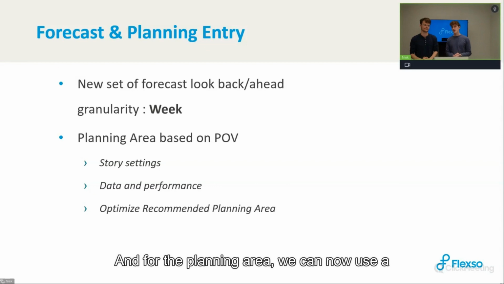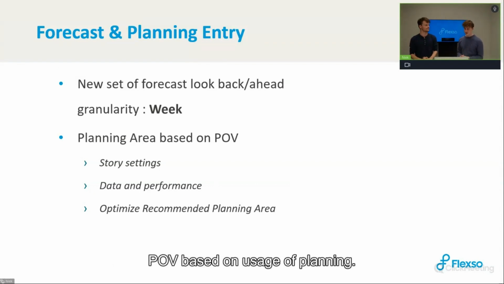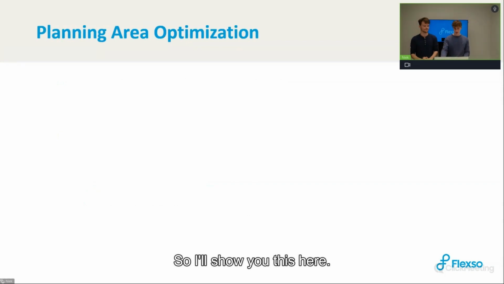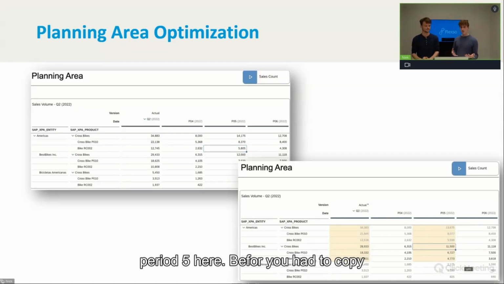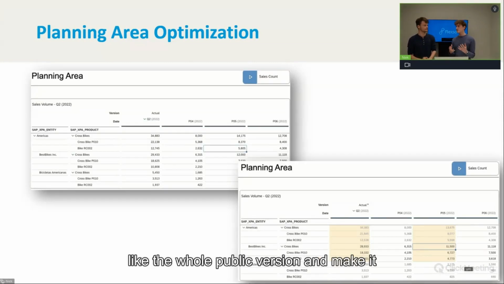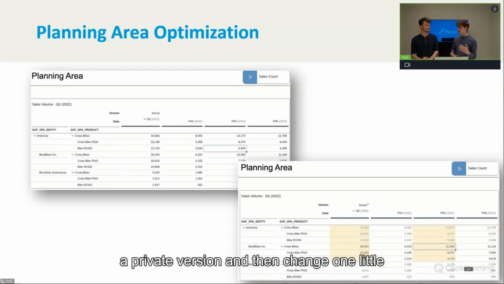And for the planning area, we can now use a POV-based usage of planning, and this is mainly for performance. So I will show you this here. For example, we want to change one period 5 here. Before you had to copy like the whole public version and make it a private version. It could take a while.